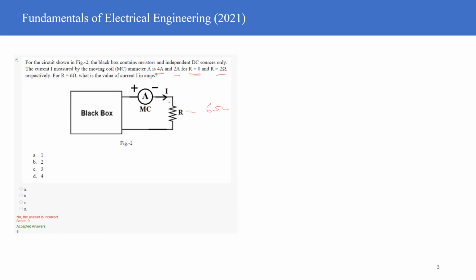So one can approach this question in two manners, via Norton's or via Thevenin's, right? So let us see one by one. If this is my I source and this is my equivalent resistance, let me call it RTH, and this is my resistance R, which here is equal to 0 in the first case.